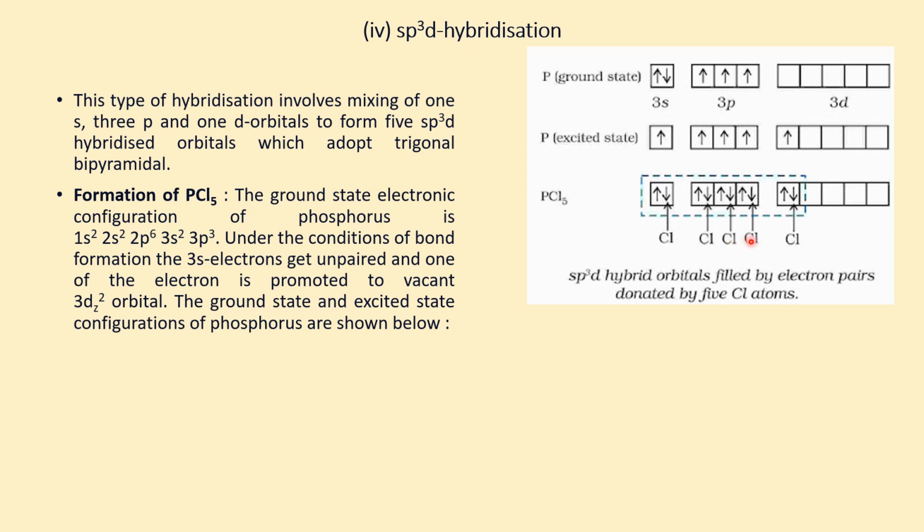Here, the five Cl atoms are shown. The geometrical configuration shown on the screen is that of PCl5.